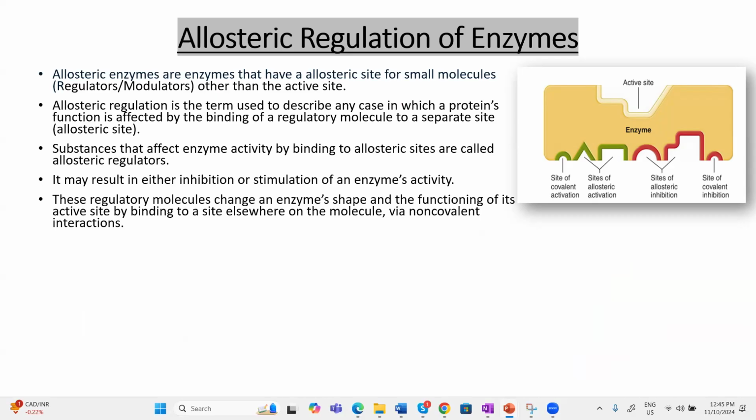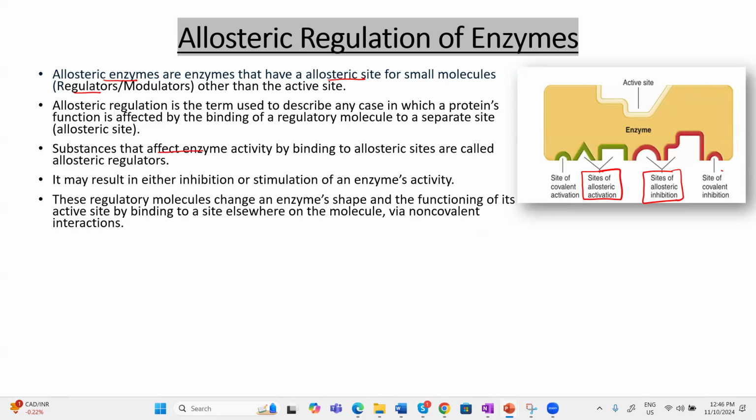If a regulatory protein binds on the allosteric site to stop the reaction, then that is a site for allosteric inhibition, means any regulatory molecule binding on this site will inhibit the action of the enzyme. If another regulatory protein binds on the allosteric site, it can promote the activity. Then we say that is allosteric activation. So allosteric enzymes are those enzymes which have an allosteric site where regulatory molecules can bind.